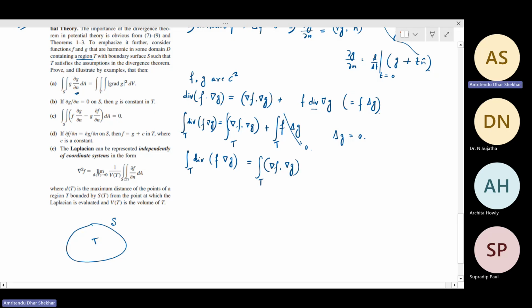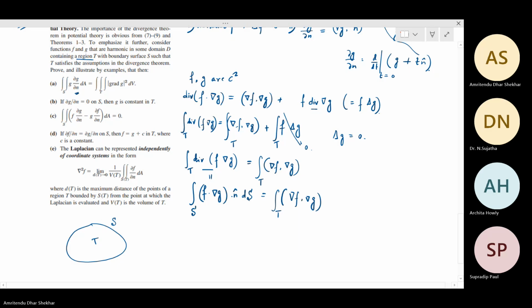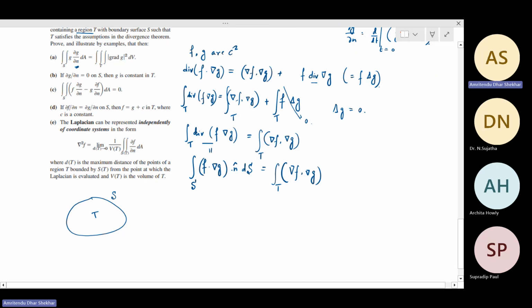Okay. Now apply the Stokes theorem. So this term is equal to the integration over S of f grad g times the unit normal vector ds. Okay. So we have arrived at this result.